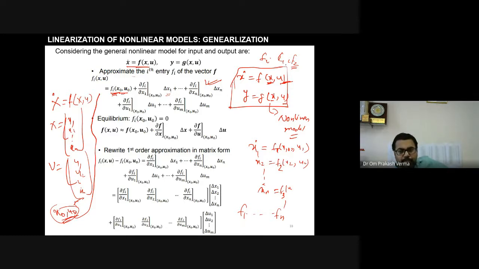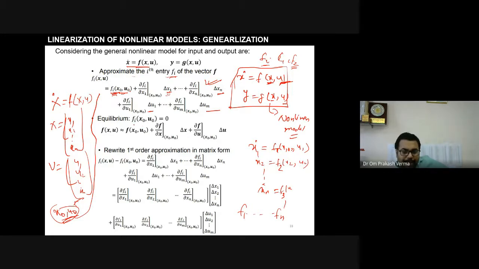Let's say we have taken the function f_i. How will it be expanded? f_i(x naught, u naught) plus the first derivative times the change, x minus x naught, and so on up to xn. Similarly you can write the derivative for u1 also, first derivative, second derivative, third derivative, like that up to un.